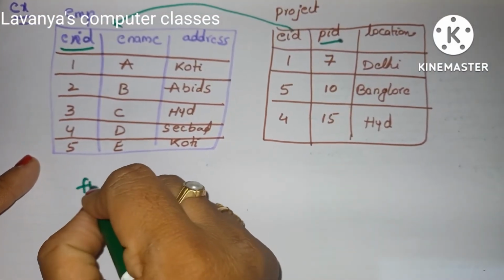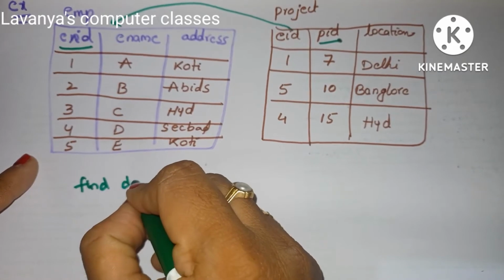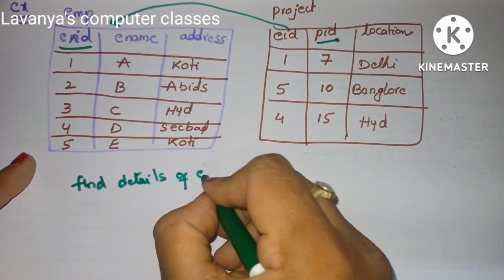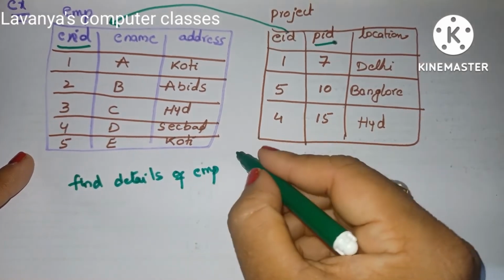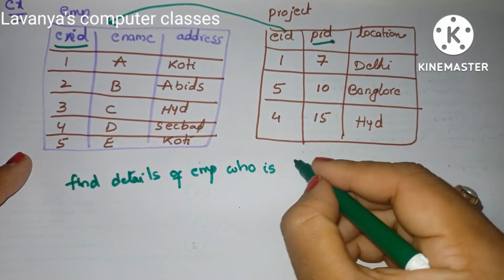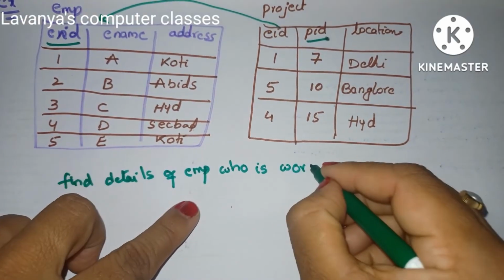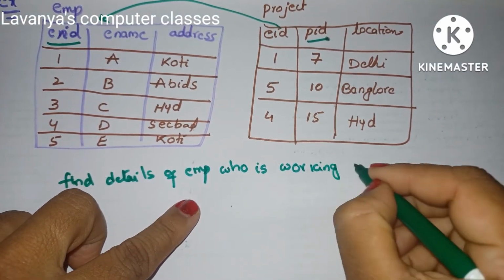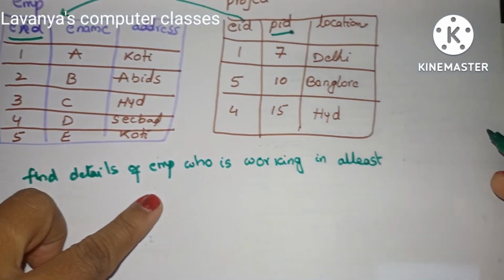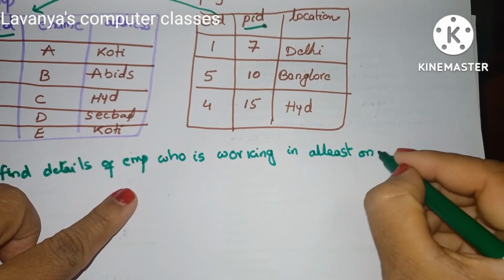Now I want to execute one query. The query is: find the details of employees who are working in at least one project.